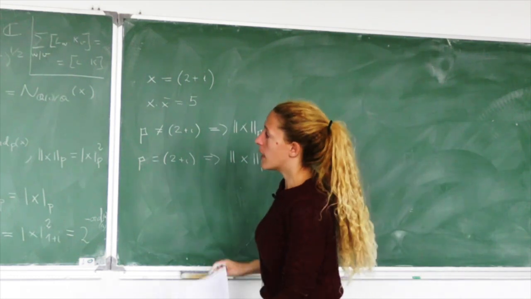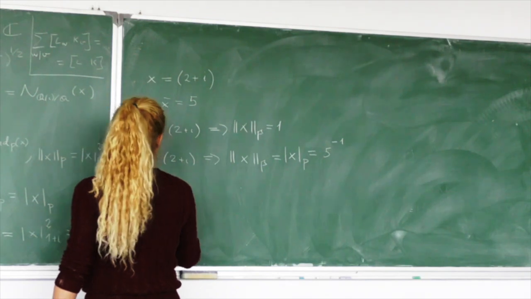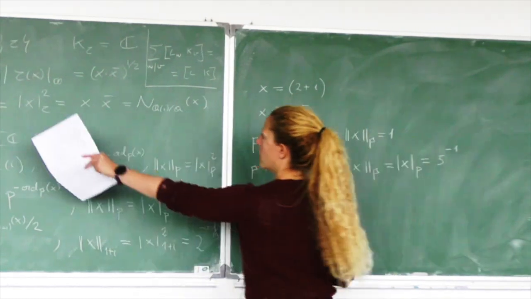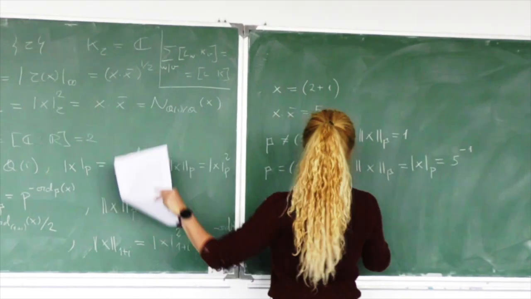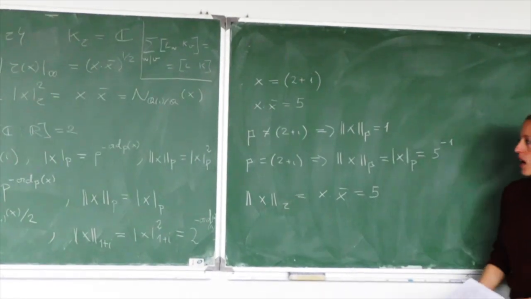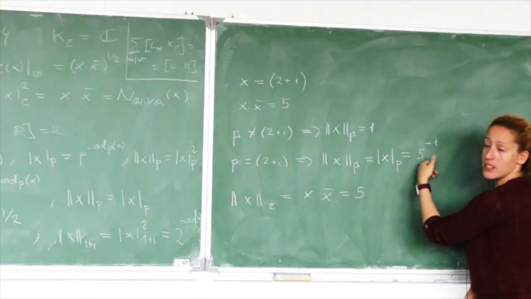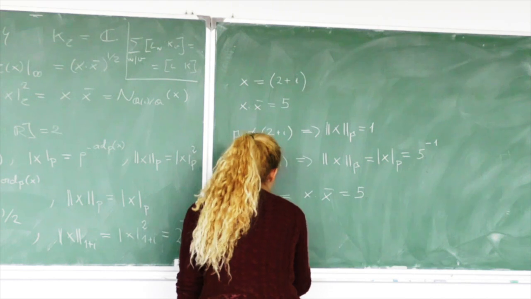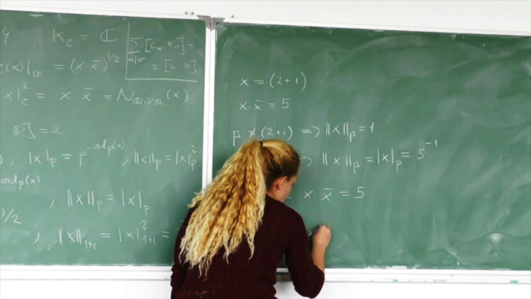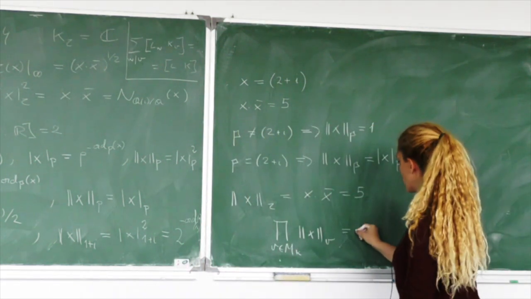And now we only have to look at the last one, that is this one. Right, the norm at tau, that is the one at infinity, we check that it is x times the conjugate, but this is 5. So now we do the product of everything, and this 5 cancels with this 5, and indeed we have proof that the product, when we do the norm of the normalized norms, is equal to 1.